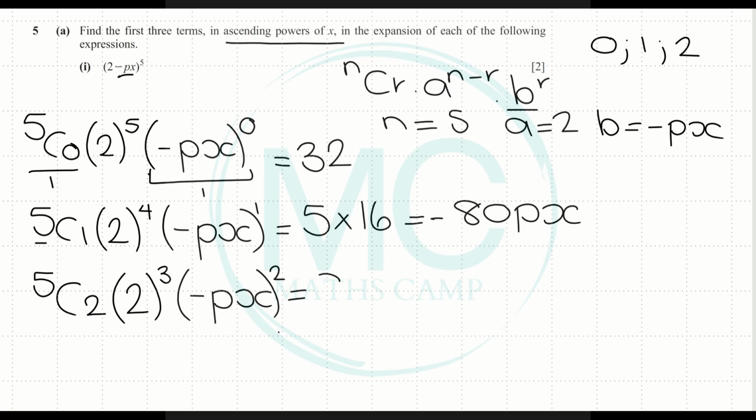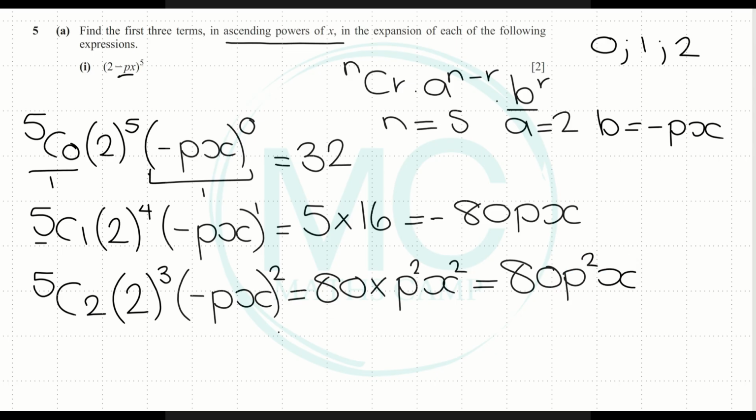So we're going to get 80 multiplied by negative px squared, which becomes positive p squared x squared. Let's just tidy this up. And our third term is 80p squared x squared. And we now have the first 3 terms in this expansion.